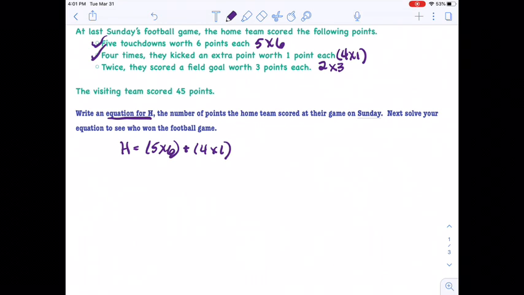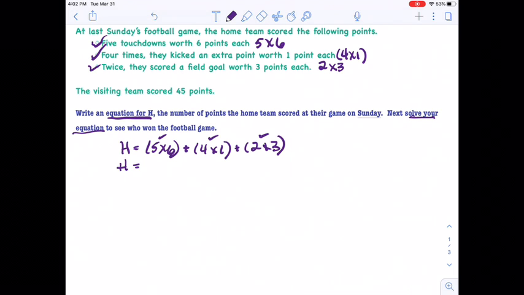But we have not put in the part of the equation for their field goals. So we also need to add on their field goals. Now, we have touchdowns here, extra points here, and field goals here. Have we accounted for all of the points that they scored? We have. So now we're asked, once we have our equation, to solve our equation and see who won.